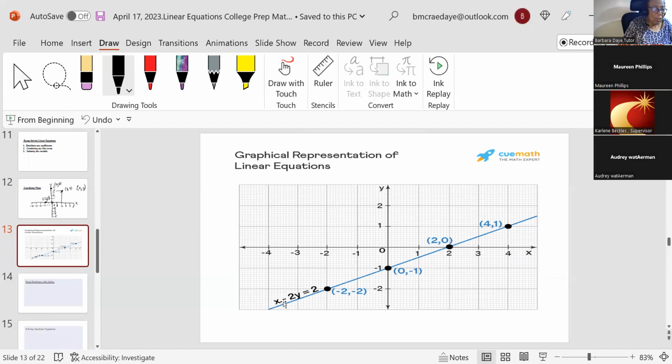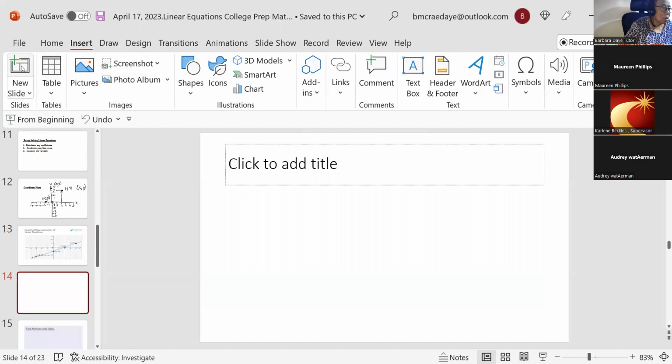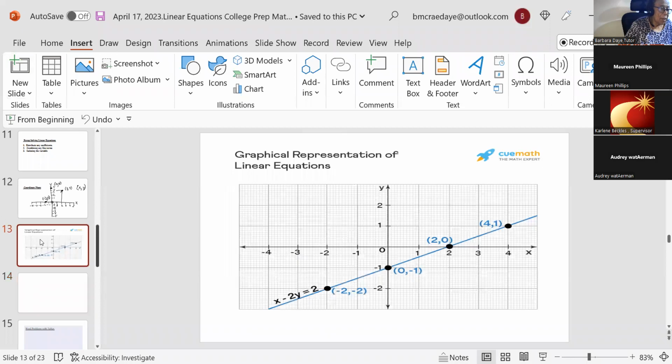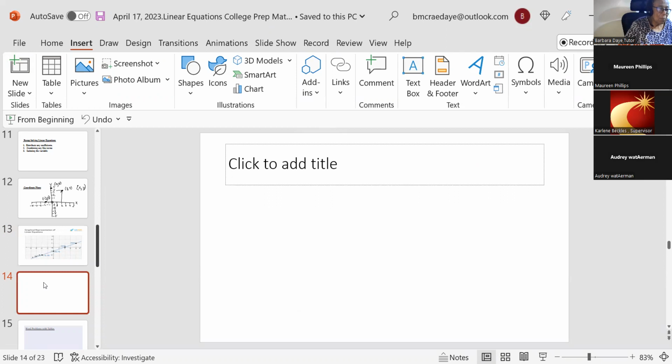Now here's the equation: x minus 2y equals 2.